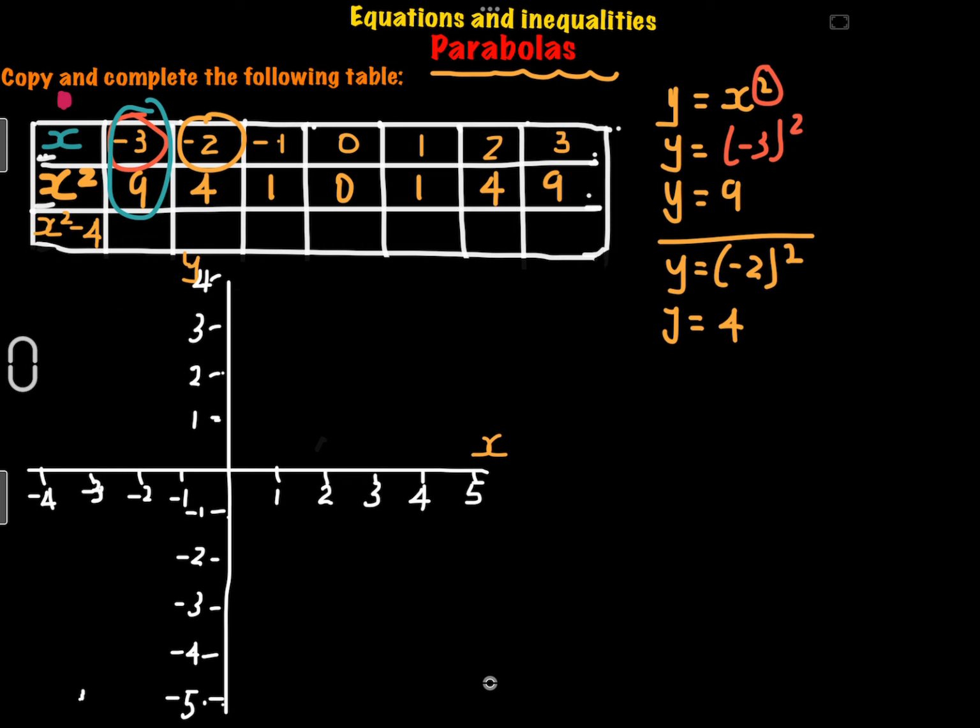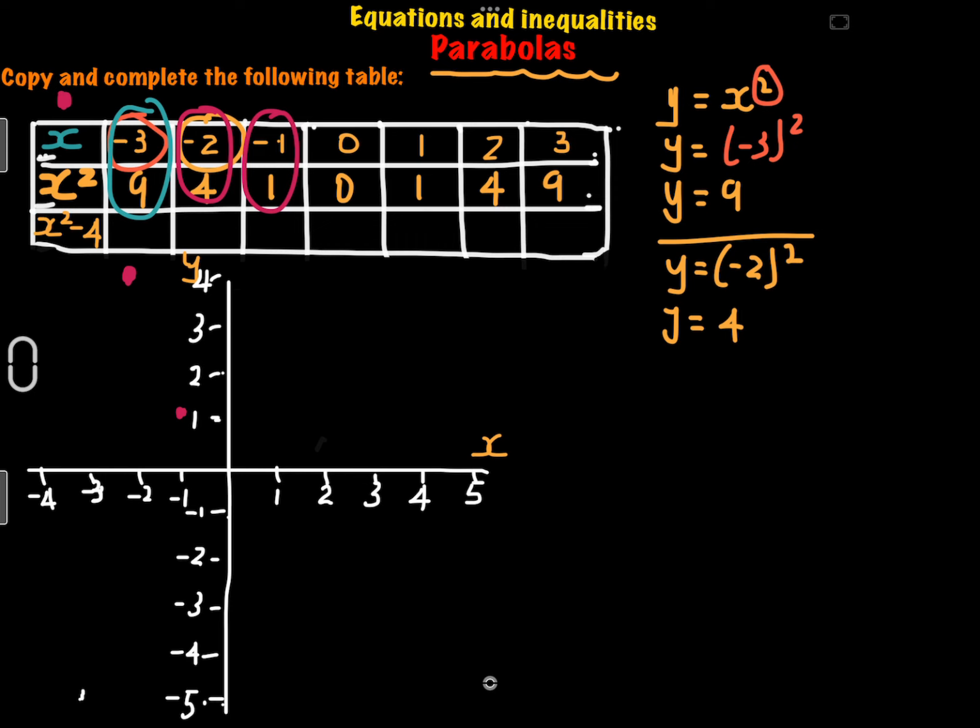So we have -2. When x is equal to -2, y is equal to 4 and it's positive. So the intercept is at this point here. When x is equal to -1, y is equal to 1. So here is our intercept when x is equal to -1, y is equal to 1. And then when x is equal to 0, y is also equal to 0.